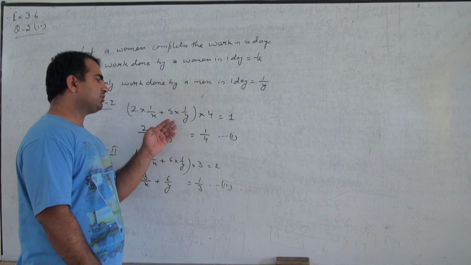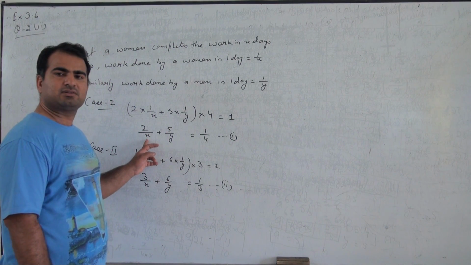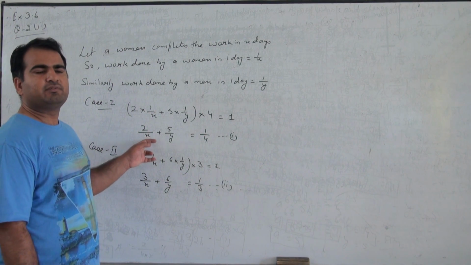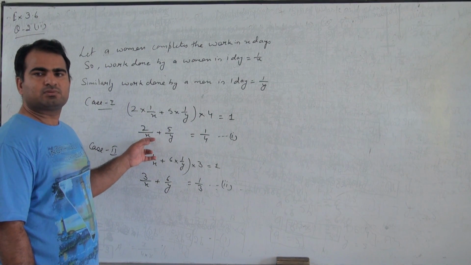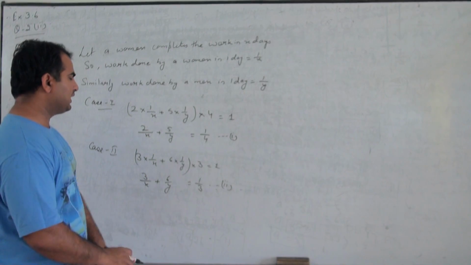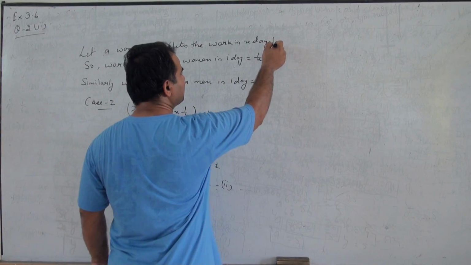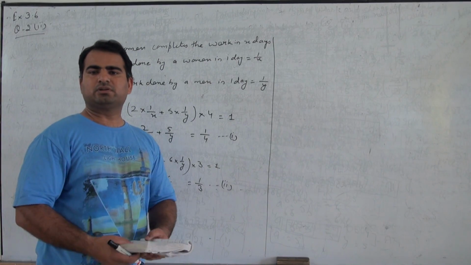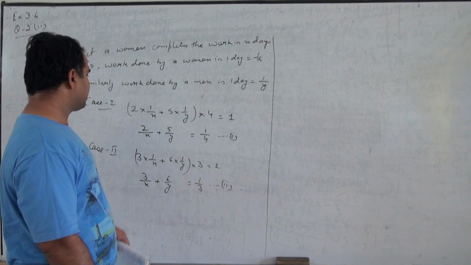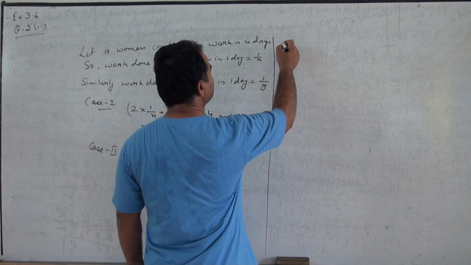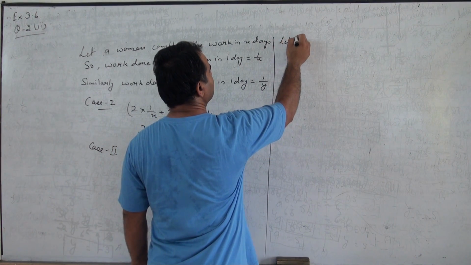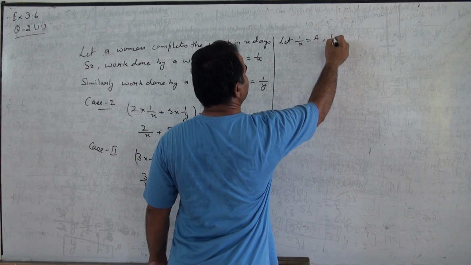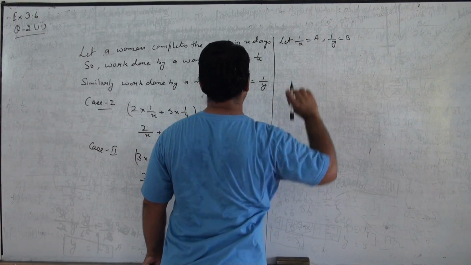We know that the denominator contains the variables. So we have to assign a new variable to it. I have done another question like this in the previous videos, so you can watch it out. Let 1 upon x equal a, comma, 1 upon y equal b.